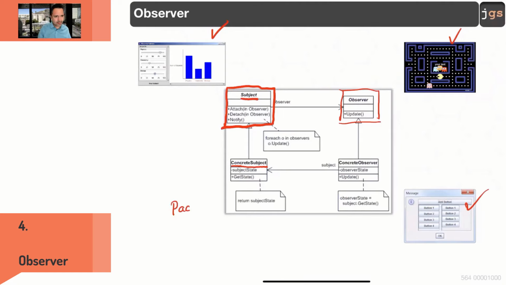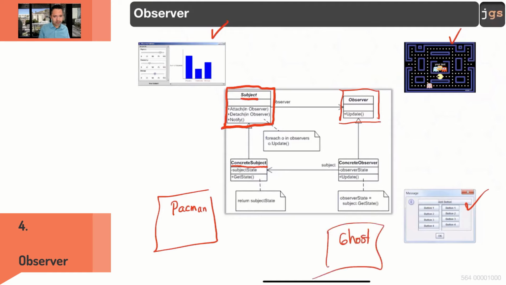I want a class Pac-Man. And you know what? I want a class Ghost. These concrete things here represent the space in the template in which you can do whatever you want.